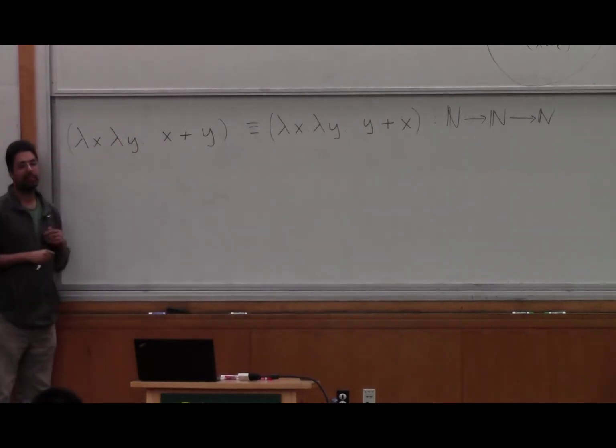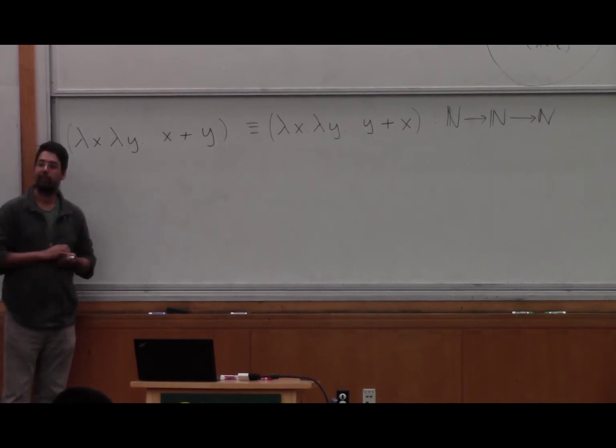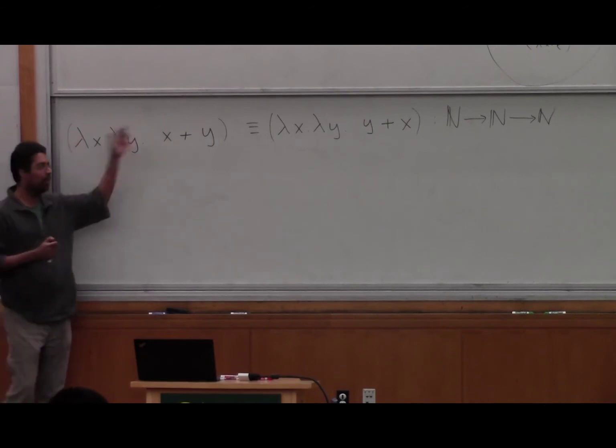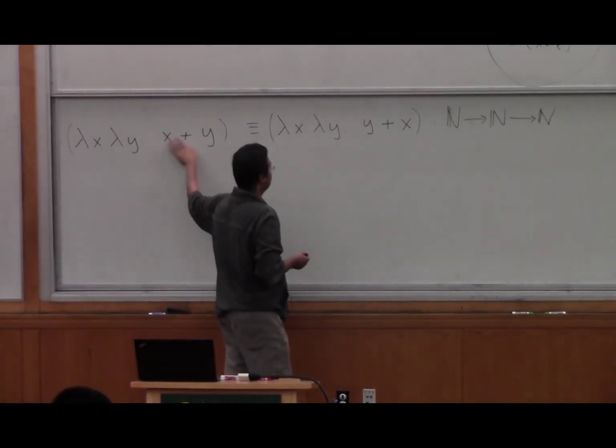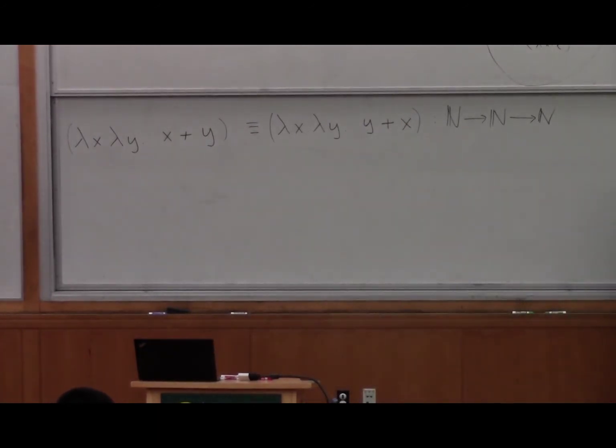It's just saying that x plus y is equal to y plus x, even after you eta expand it. So we're saying addition is commutative. And what we want is to know that we can replace this for this, and no behavior of the program will be different. So we'd like to have these kinds of equations.